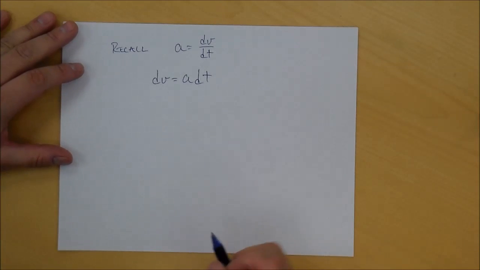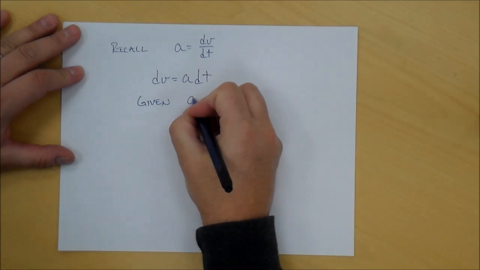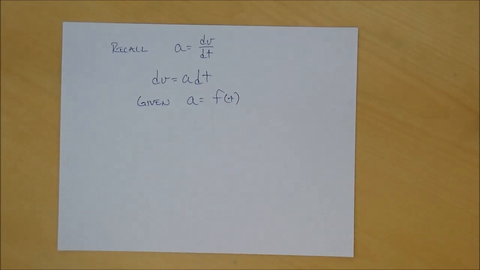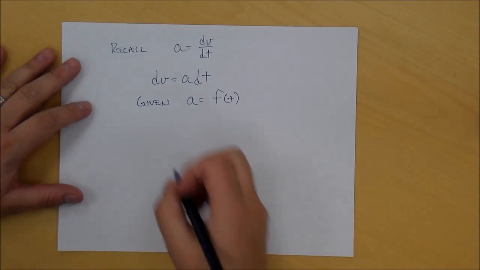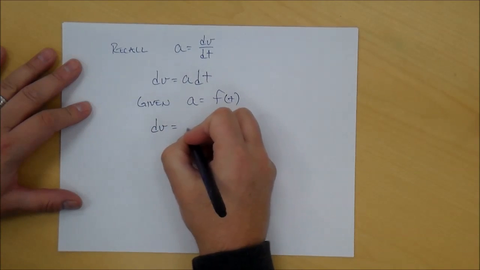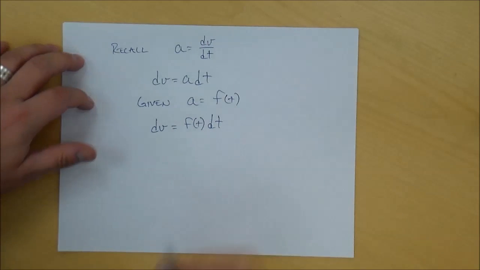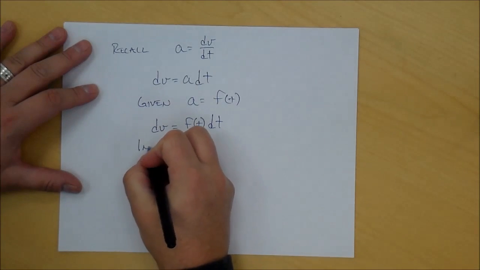Now, knowing, as I mentioned before, the acceleration is a function of time, we'll call it f of t. Maybe it's 5 cosine omega t. Maybe it's 6t squared minus 7, whatever. Some function of time is given to you that describes the acceleration. So now I can write this equation as dv equals the function f of t dt. I can solve this by integrating both sides of the equation.